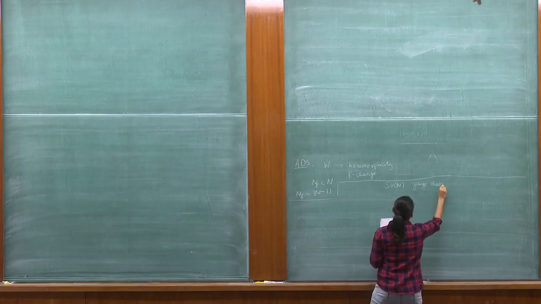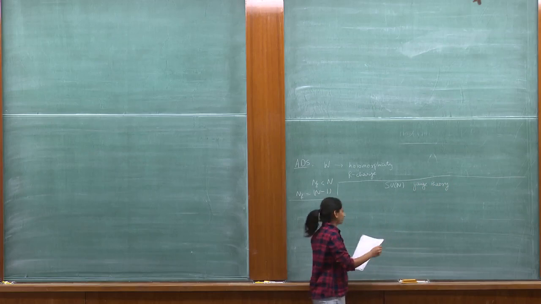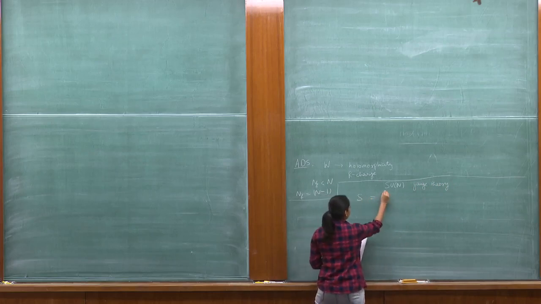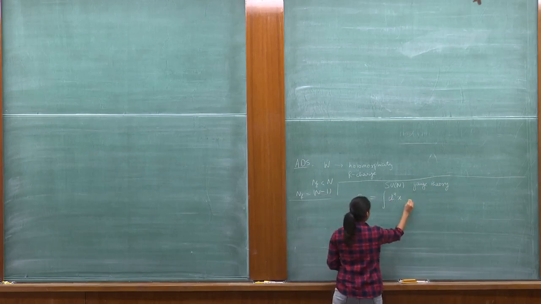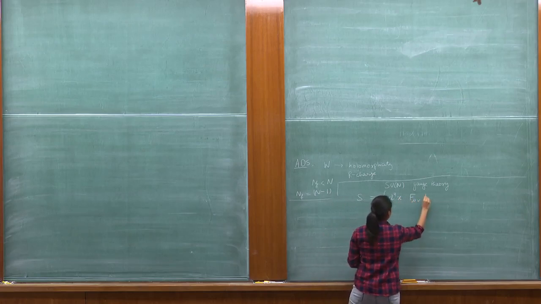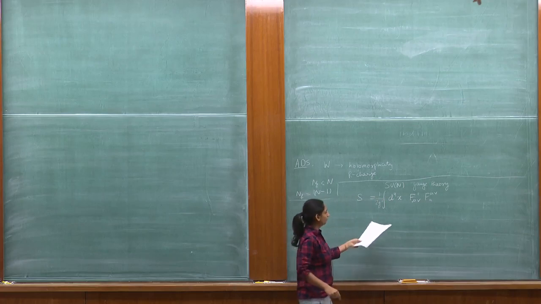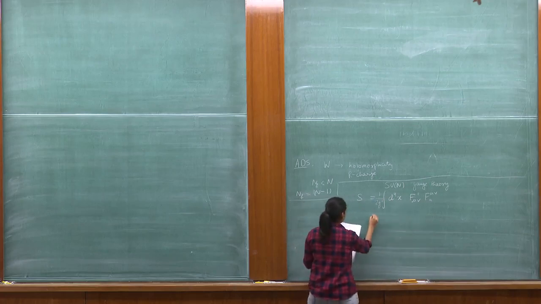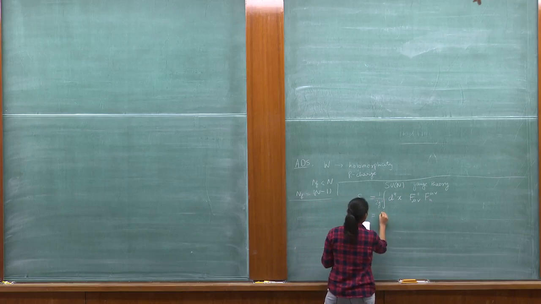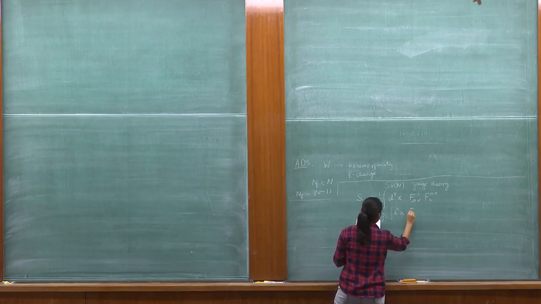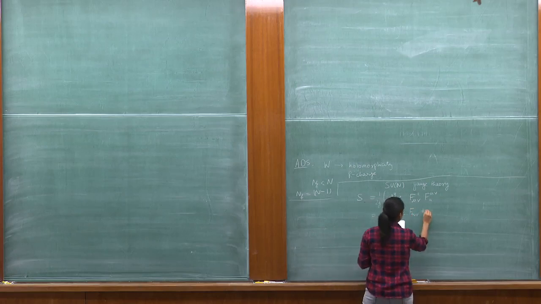For the moment, let's say it doesn't have supersymmetry. The action is the integral d^4x, trace over the color indices, of F_{μν} squared over 2g². Now I can express this action in the following way: I can write it as F_{μν} plus or minus star F_{μν}, where star is the Hodge dual.